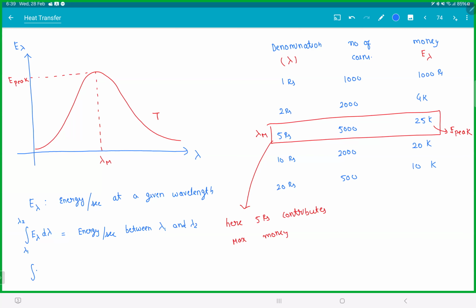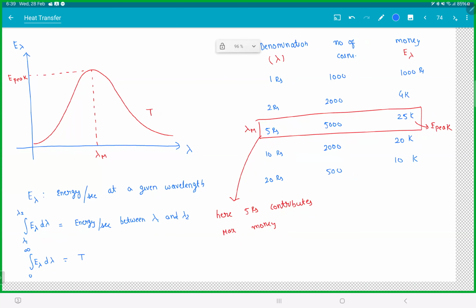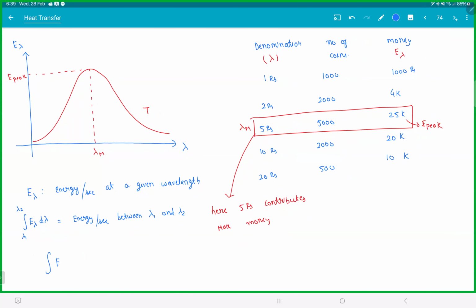So basically the area under the graph, E lambda d lambda from 0 to infinity, will give you, just try to understand the meaning mathematically, 0 to infinity, the energy of all the photons emitted. What is that? Total energy per second, which is nothing but sigma A E T power 4. This is the area under the curve.